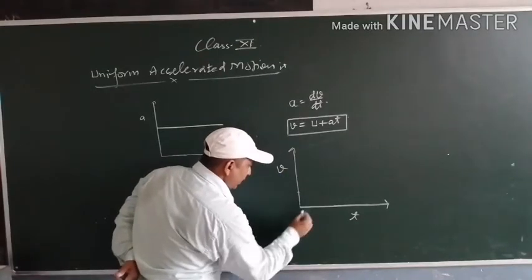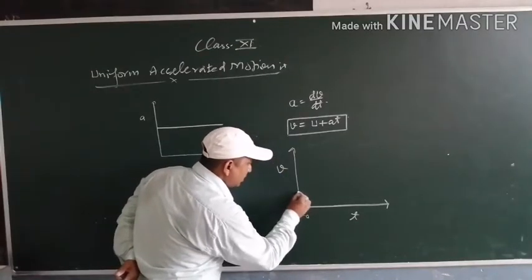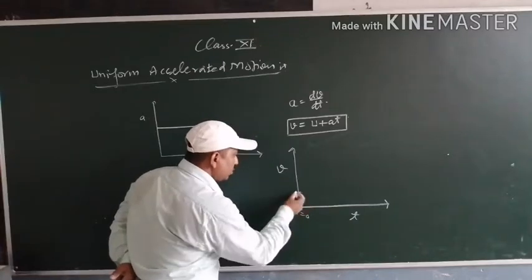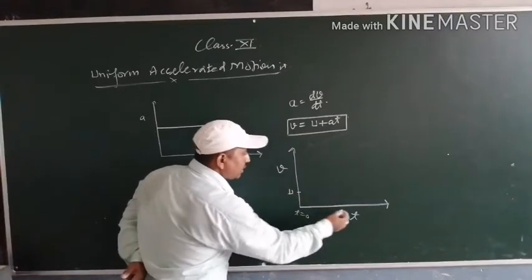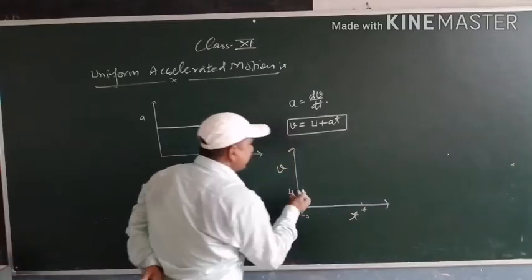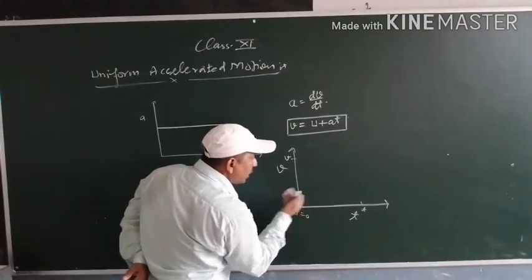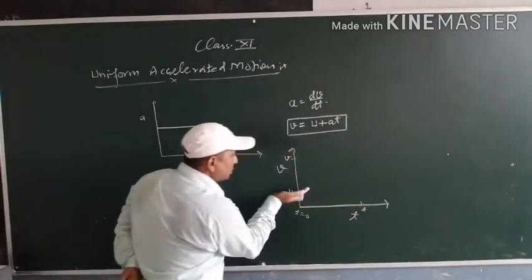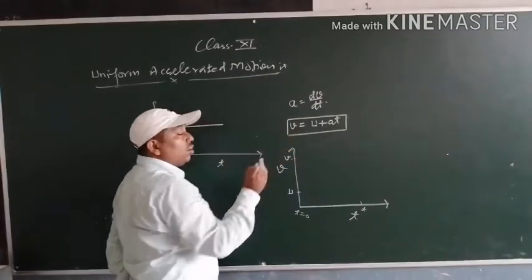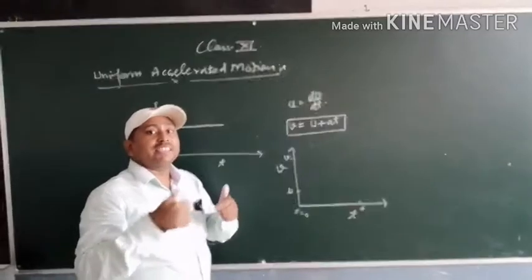Suppose at t equal to 0, the object has a velocity of u, then after time t, it attains a velocity of magnitude v. When time increases, velocity also increases because the object is under uniform acceleration.